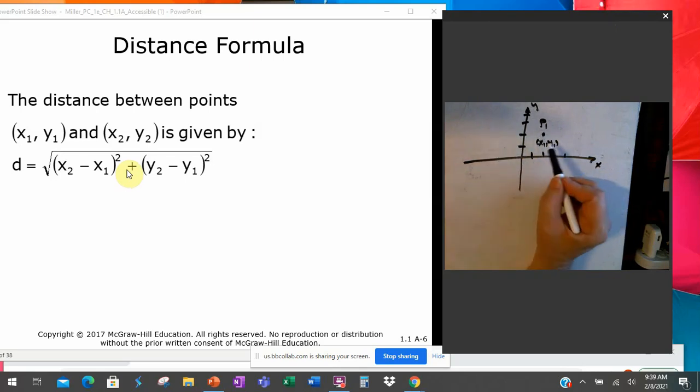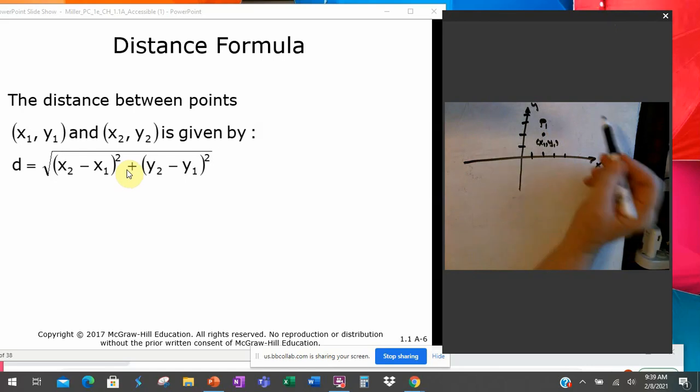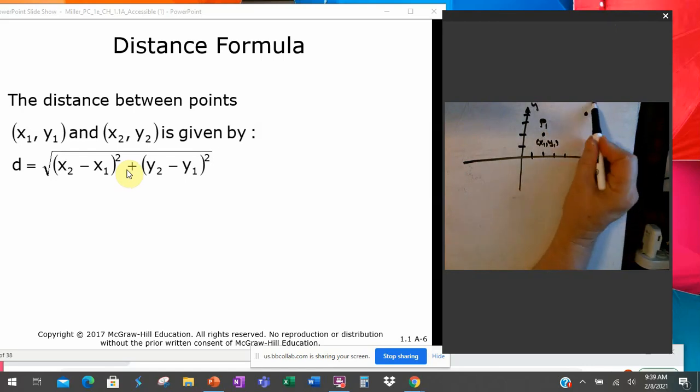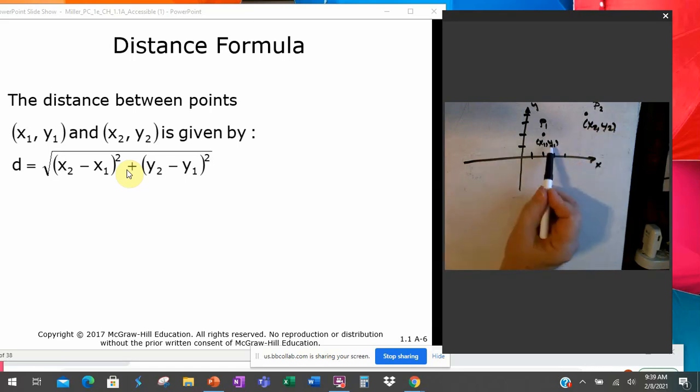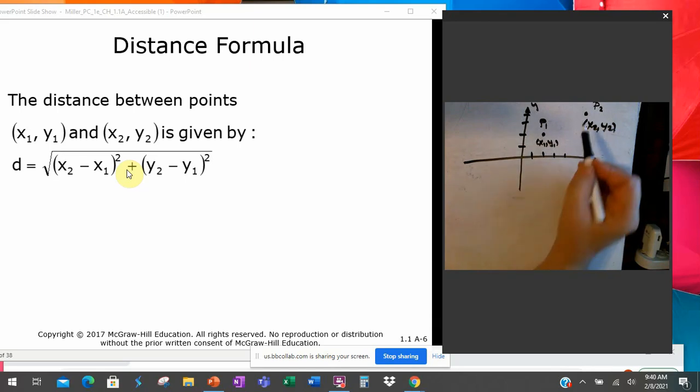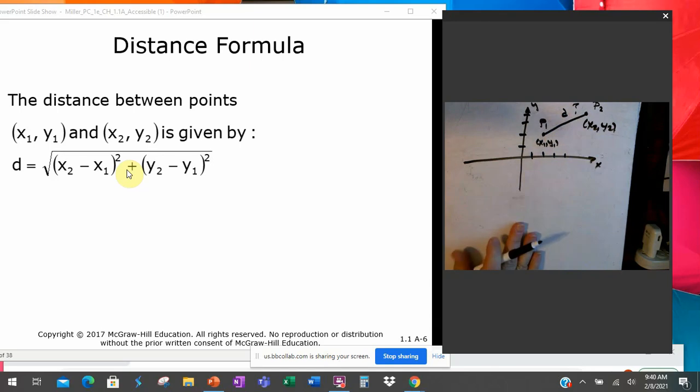From left to right, the first point I see, I'm going to label P1, and then the second point, P2, and so forth. This one has coordinates x2, y2. So this could be 1, 2, 3, 5. Okay, and the distance, if I took a ruler and measured that, that's the distance.